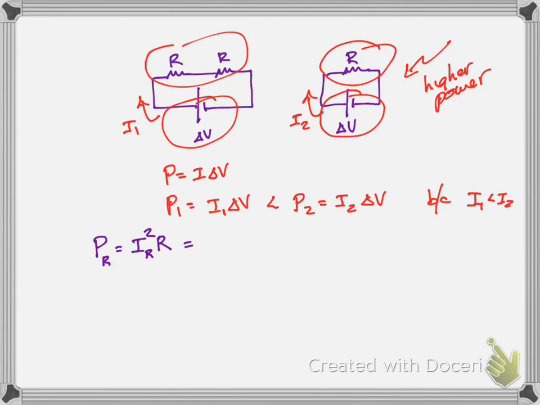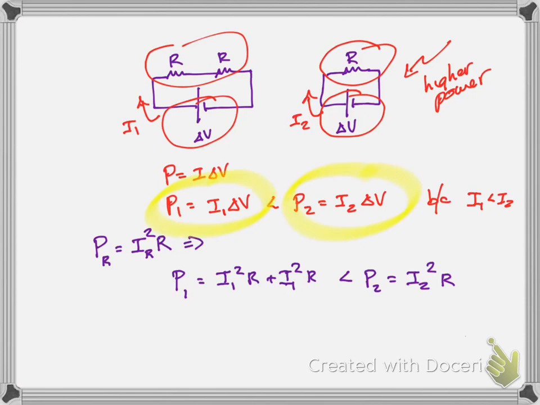So on the left, the power used by the resistors. Okay, so this was the power produced by the power supply. Now I'm talking about the power used by the resistors, which should be the same as the power produced by the power supply. So the power used by the resistors is, resistor 1 is I1 squared R, resistor 2, I1 squared R. They've got the same current.